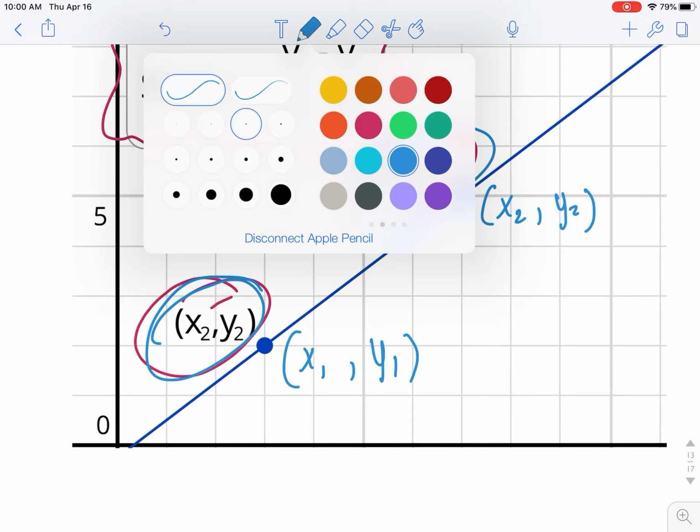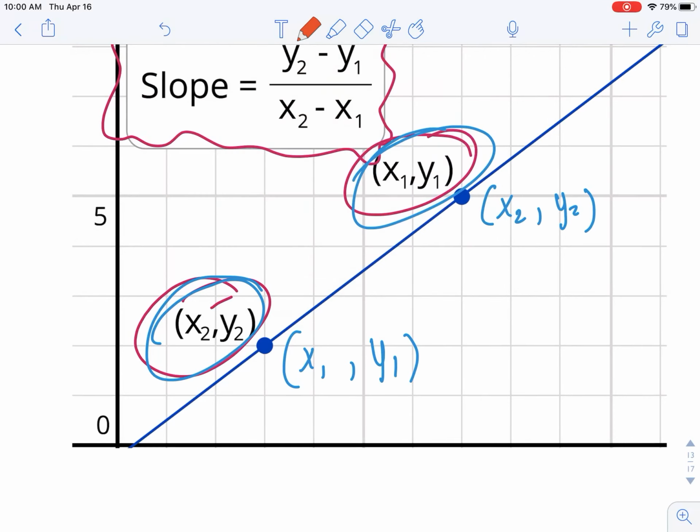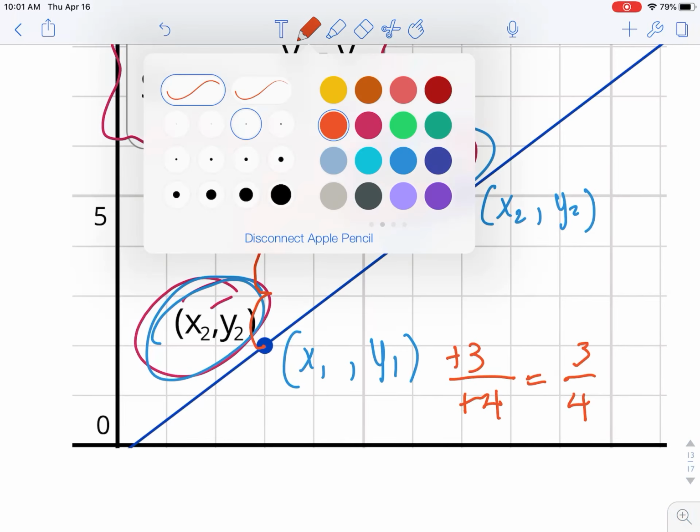So for example, take a look. If I chose this to be my first coordinate and this to be my second coordinate, to get there, I'd go up 1, 2, 3, so up 3, to the right 1, 2, 3, 4. I get a positive 3/4.